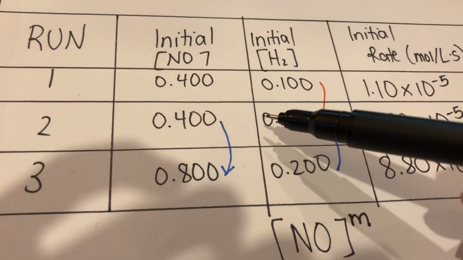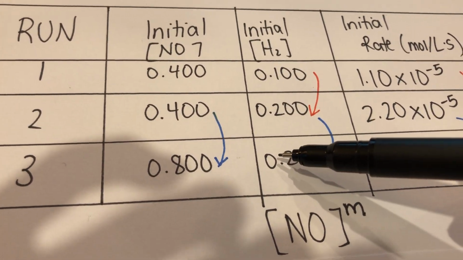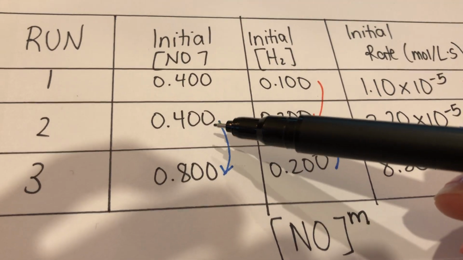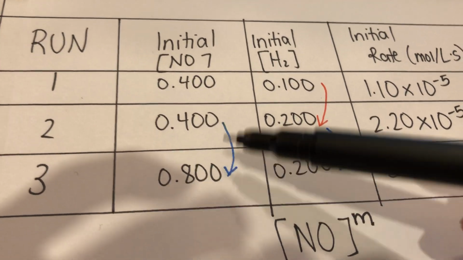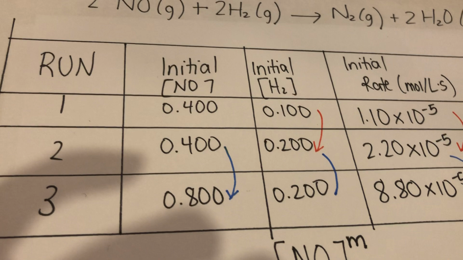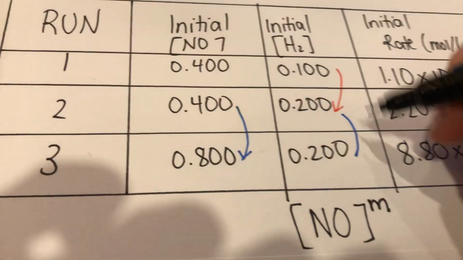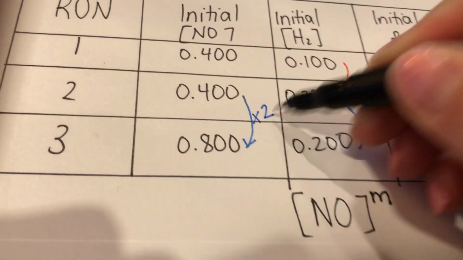So you find the trials where H2 is constant, which is trials 2 and 3, okay? And then we look and we see how the concentration of NO is changing. So from 0.4 to 0.8, how is it changing? You simply just divide 0.8 divided by 0.4, and you should get times 2, okay?